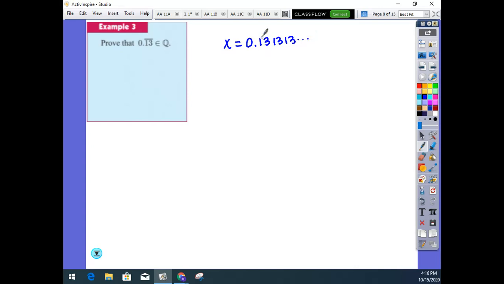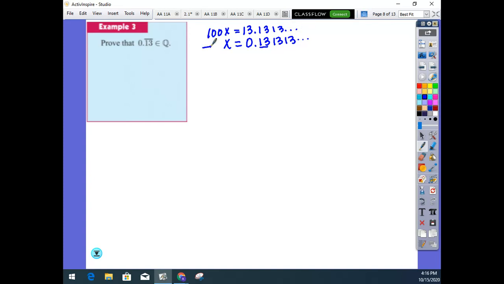You choose however many values are repeating, and we're going to multiply this whole statement by that power of 10. Since there's 2 digits repeating, I'm going to multiply by 10 squared. And what that does is move this first 13 over to before the decimal. And it still keeps repeating.